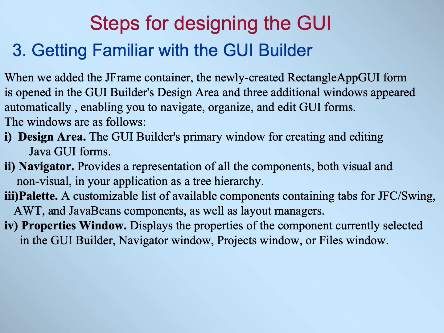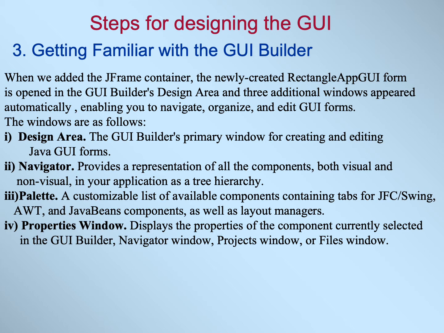We have the Navigator. It provides a representation of all the components, both visual and non-visual, in your application as a tree hierarchy. Palette, a customizable list of available components containing tabs for JFC or Swing, AWT, and JavaBeans components, as well as layout managers.